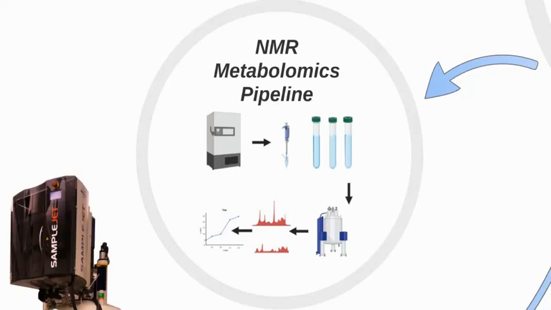Samples are then thawed out and undergo centrifugation steps and are mixed with a master mix containing chemicals such as azide to stop microbial contamination, TSP to create a known reference peak, and deuterium oxide as a stable isotope of hydrogen that can be used to stabilise the magnetic field strength and reduce the solvent signal.